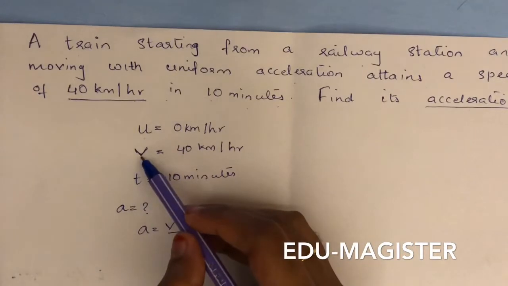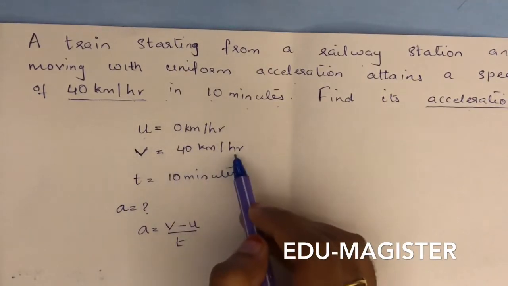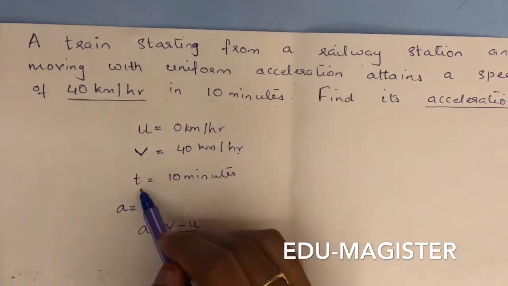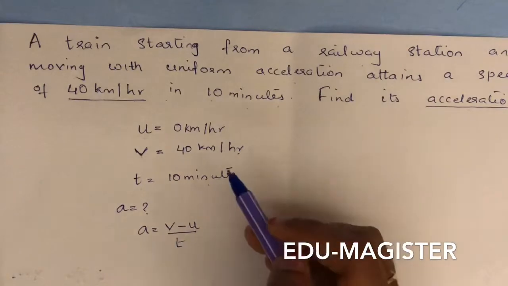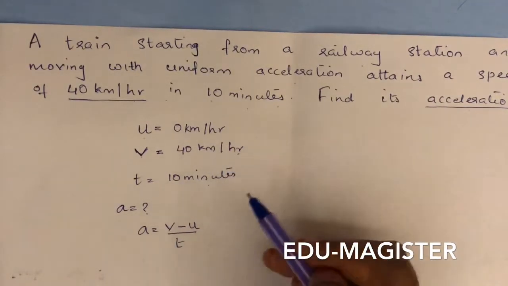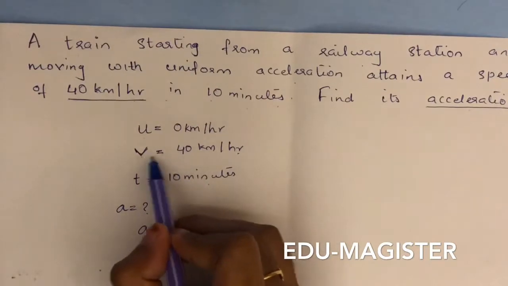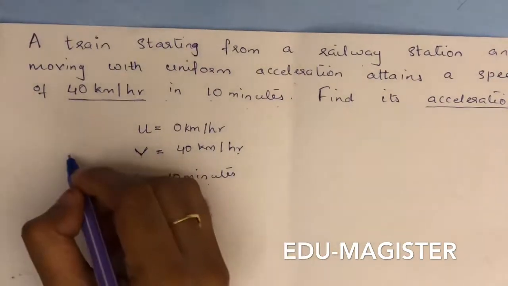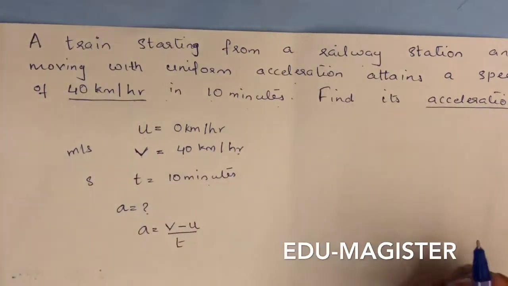Here, the final velocity is given as 40 kilometers per hour and the time is given as 10 minutes. So for our convenience, let's convert all of these units to SI units. That is, let's convert the speed to meters per second and time to seconds.